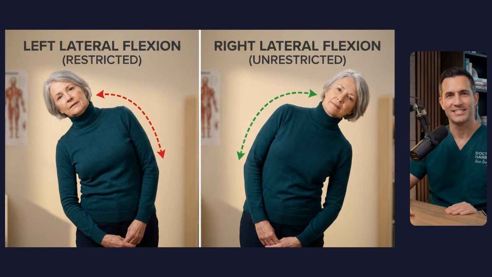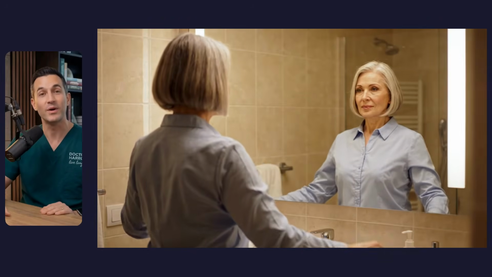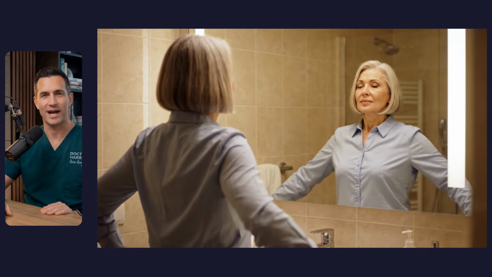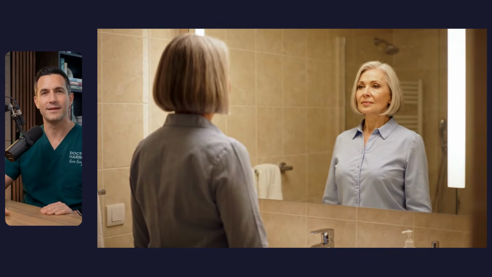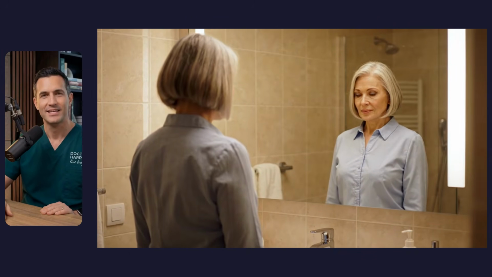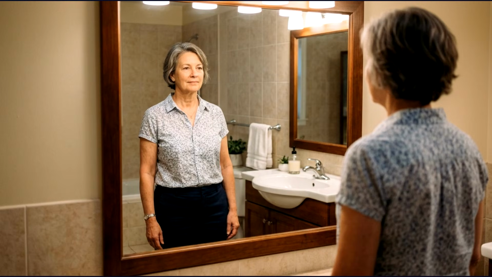The side that has descended further tends to map to the side with greater lateral line restriction, greater tissue tension in the outer hip and ribcage, less range of motion when the torso tries to lean and lengthen to that side. One side of the body is, in a functional sense, shorter than the other. The tissue won't fully lengthen, can't reach its neutral resting length. And the face on that shortened side has descended further.